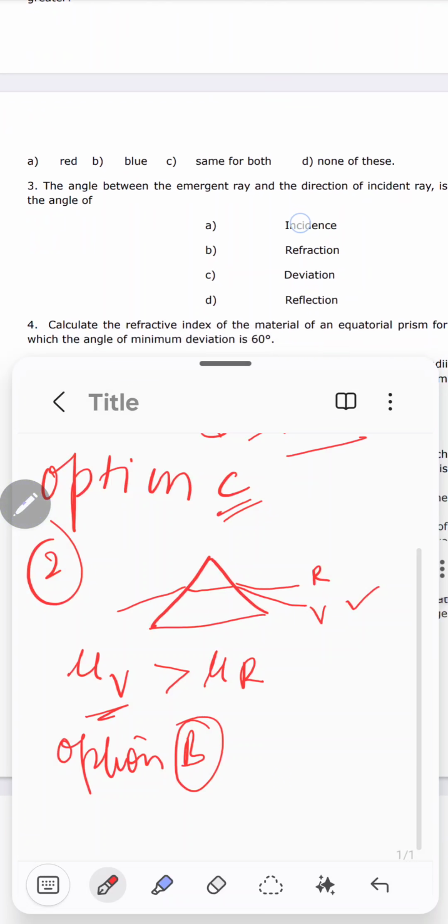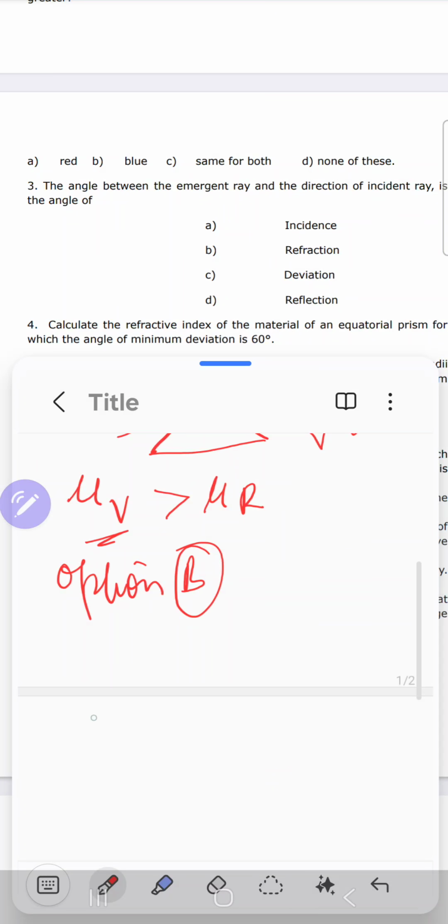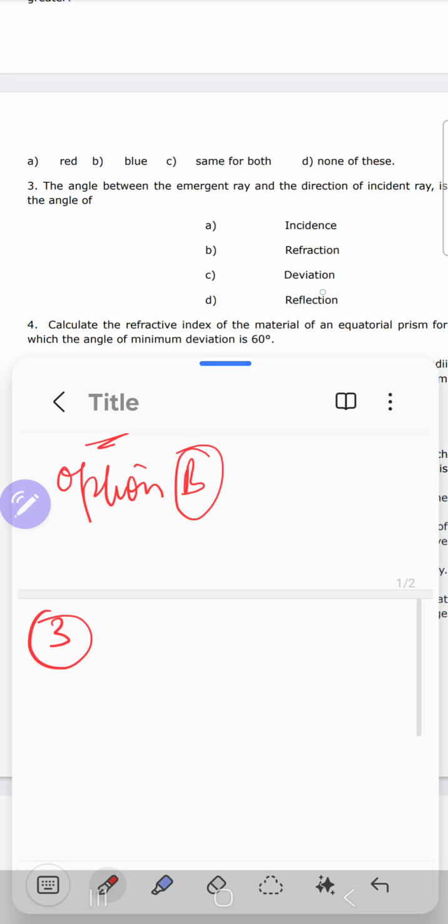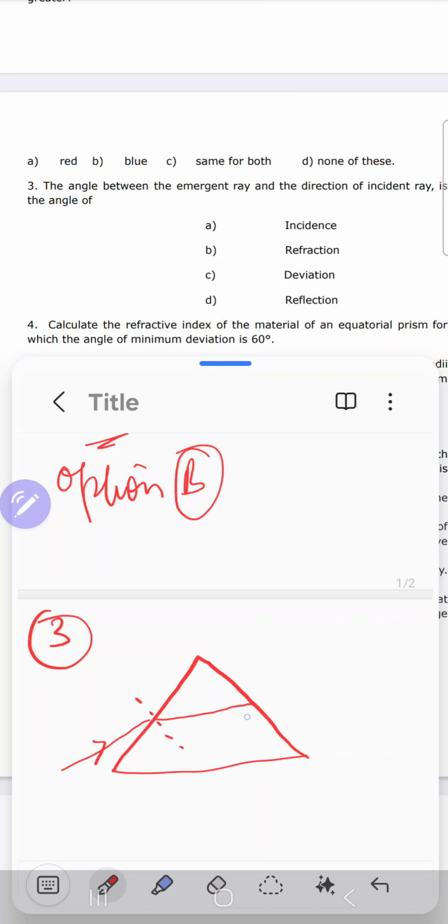Now question number 3: the angle between the emergent ray and the direction of the incident ray is the angle of incidence, refraction, deviation or reflection. As we have done in the prism formula, this is the incident ray, here we have drawn the normal, this is the refracted ray inside the prism, and this is the emergent ray.